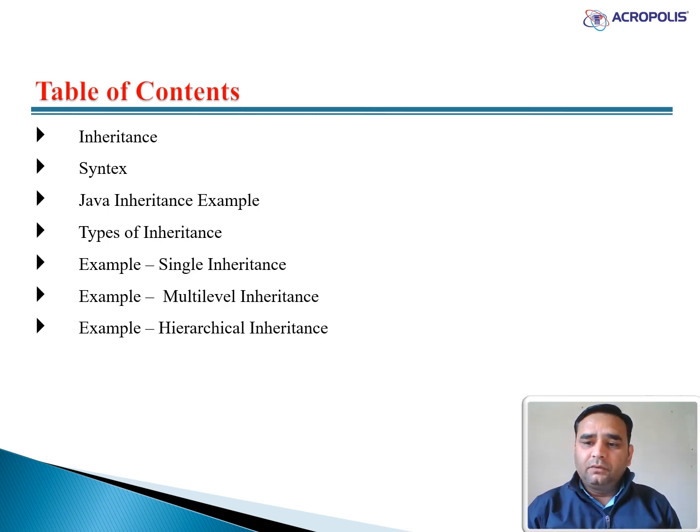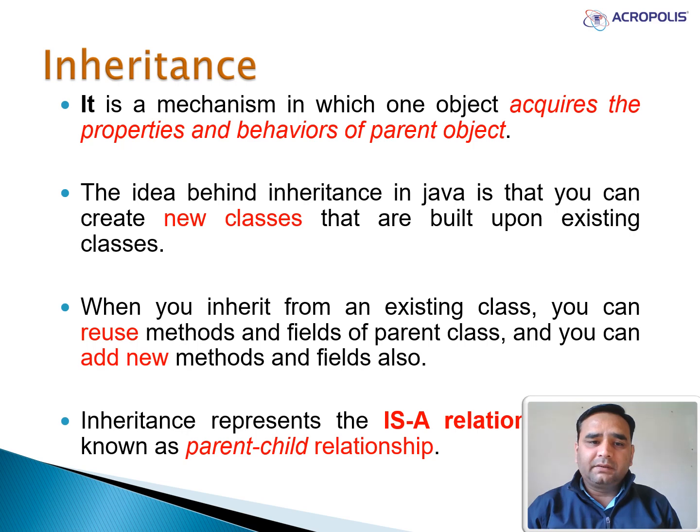Okay, so let's start with inheritance. What is inheritance? Inheritance is a mechanism by which one object can acquire the properties and behaviors of another object. That other object is called the parent object.